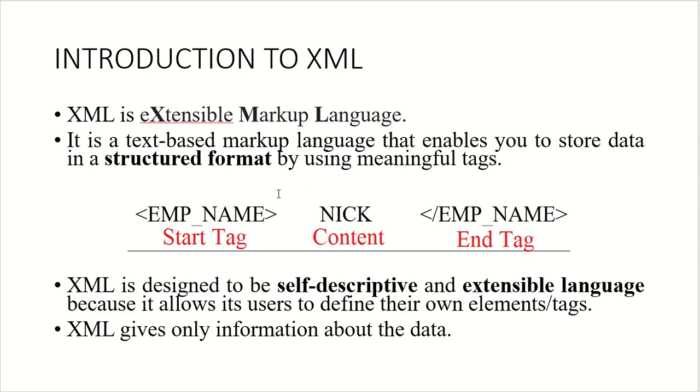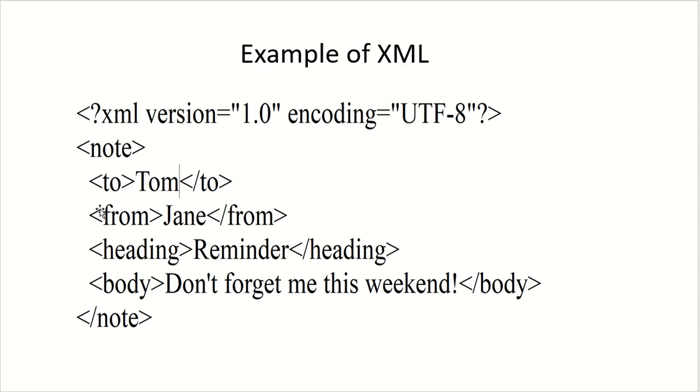This means, for example, if I show you an example of an XML document, in this you can see that the first line, I'll discuss it afterwards. You start with the second line. Now the second line tells that this is a note. The third line tells that the note is to whom.